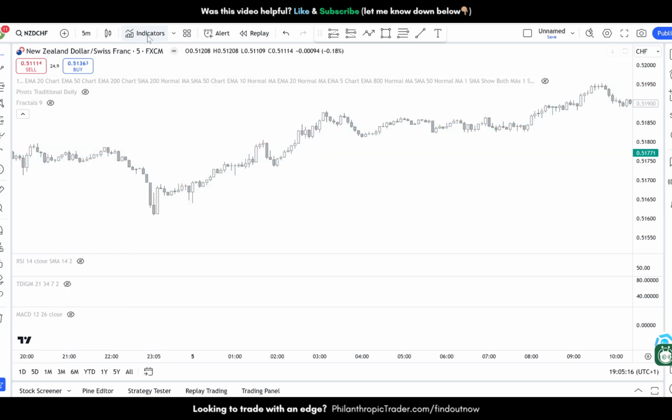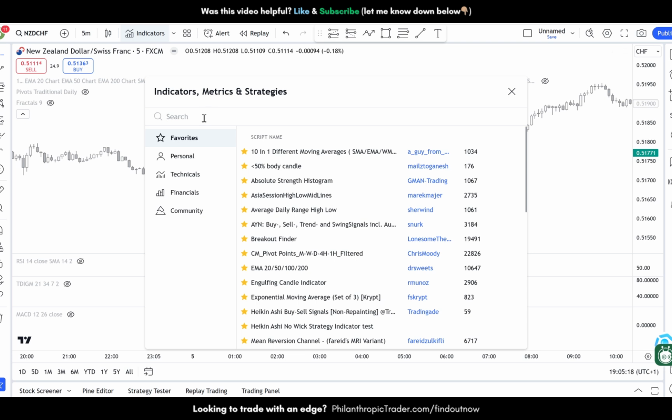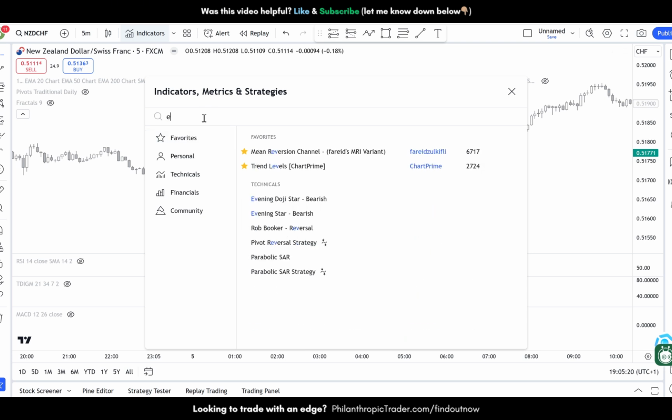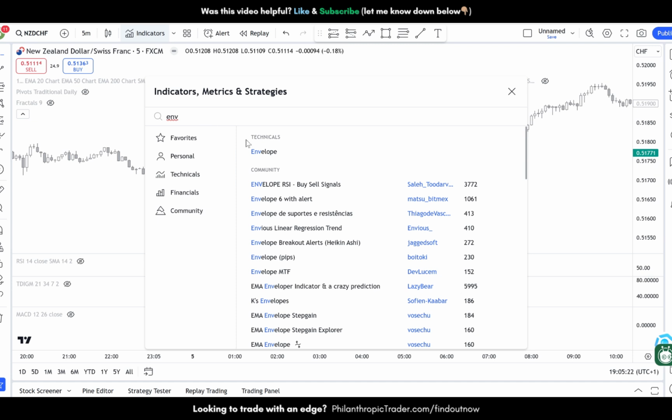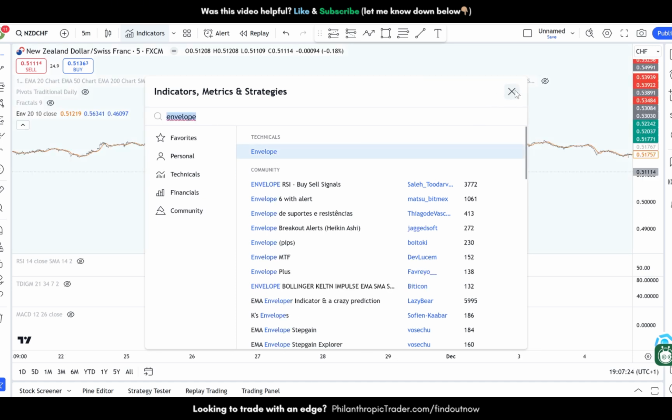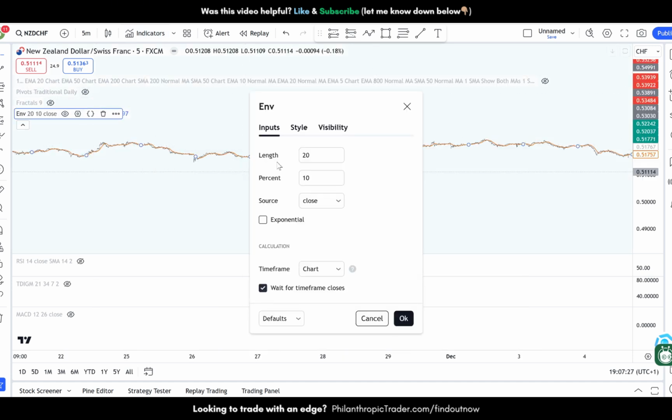First I delete this, and I look for the envelope. We click on that, and then we play around with the settings. The length is set at 20, and the percent is 10. You can also click on exponential if you want exponential moving averages, because that's basically what it is.